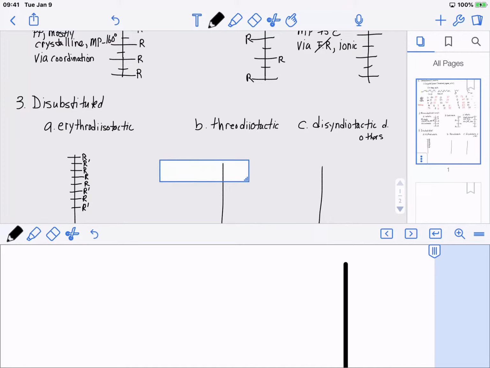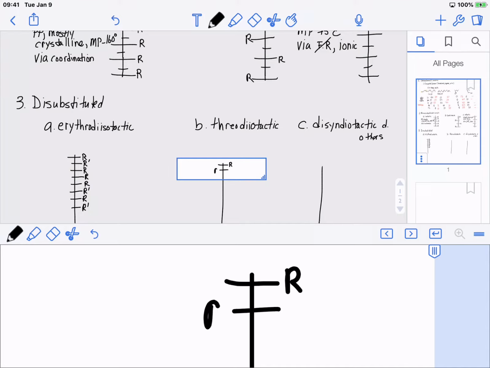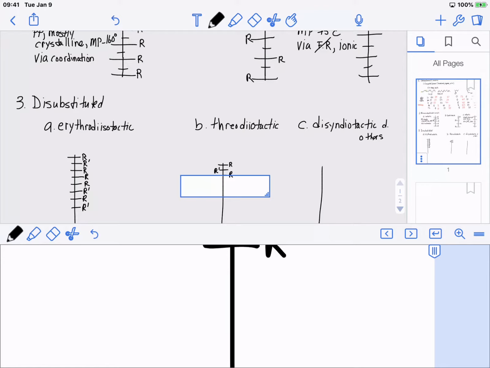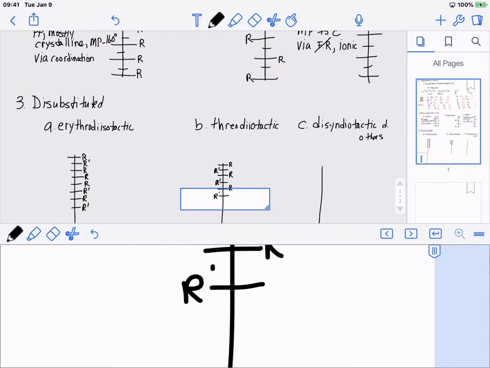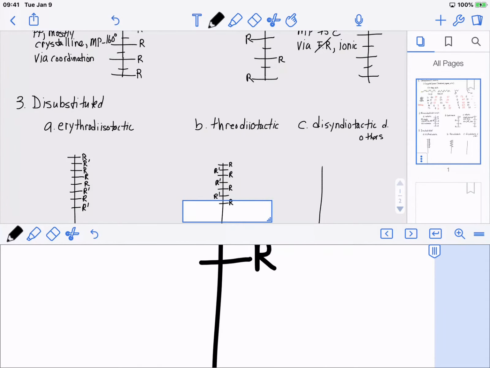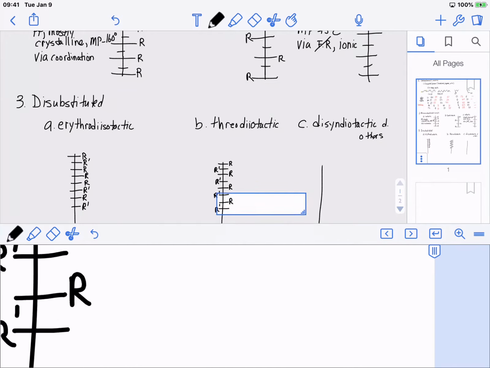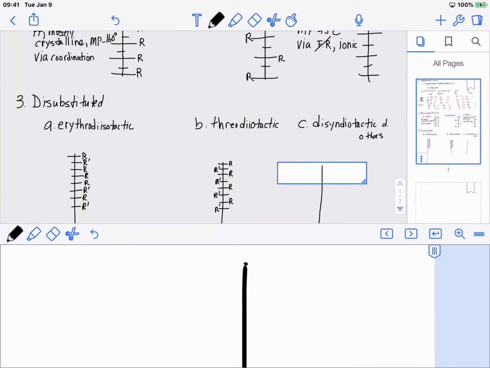You can also have, where obviously the R's and R primes alternate, and then you can have them alternate by pairs.